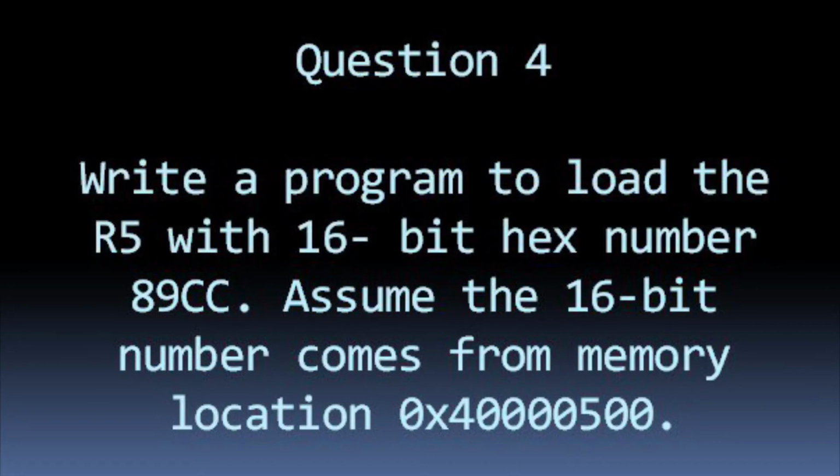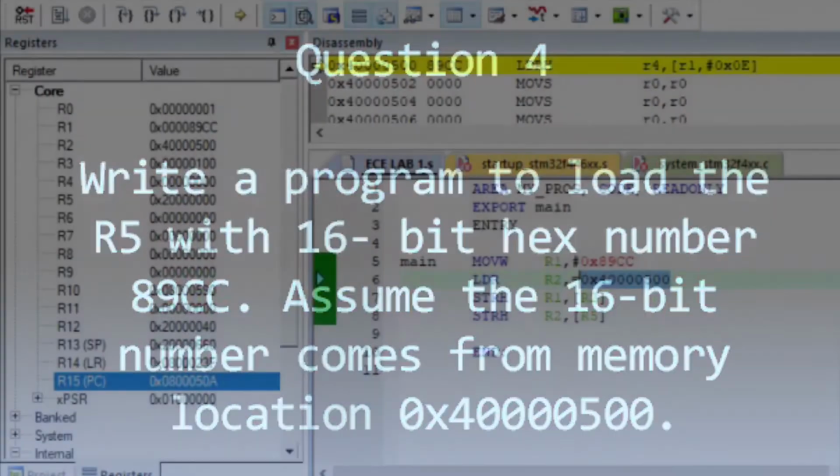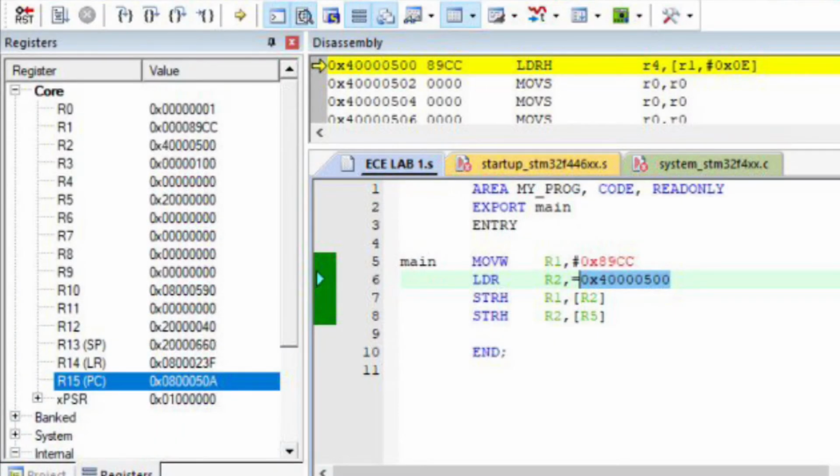For question 4, the question asks to write a program to load the R5 with the 16-bit hex number 89CC and assume the 16-bit number comes from memory location 0x40000500. I use MOVW because it is 16-bit and write R1, #0x89CC.